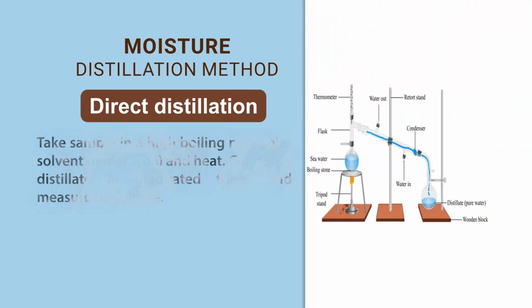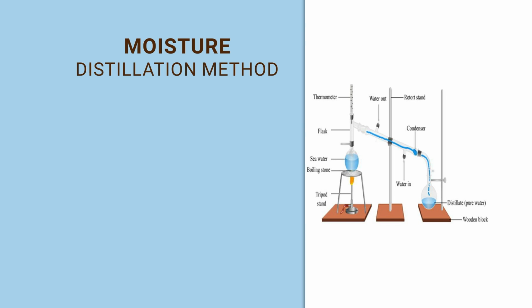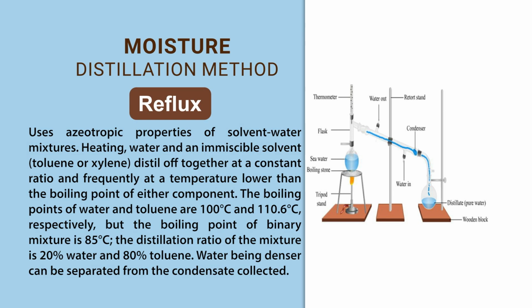This is the distillation method. In this one, you take your sample along with a solvent, a non-polar solvent like mineral oil, which has a boiling point higher than water. So when you start heating the material, along with that solvent, water will also go, and you see in this one you have a trap which collects the water. So by distillation, you condense the water which is coming out, and your solvent is falling back.